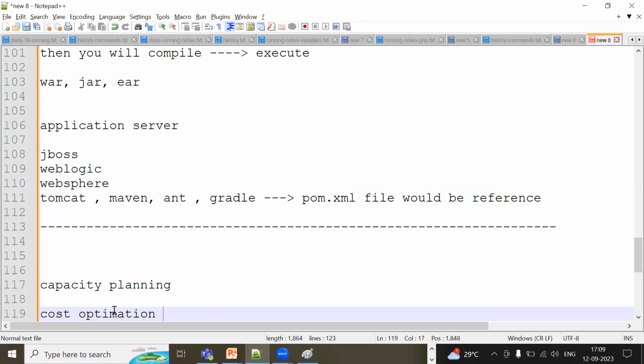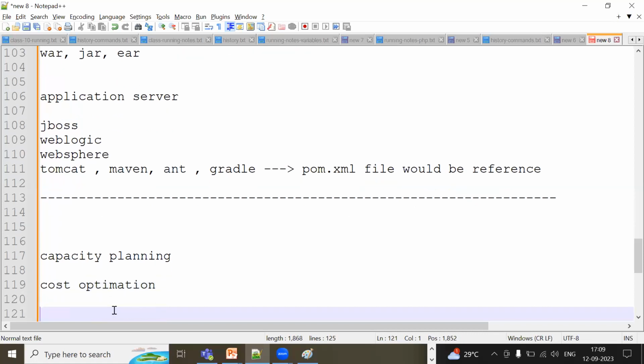We can provision a new server in one of the environments, not move it to live, and give the hits using LoadRunner or some other tools, which the QA people will take care of. Then you will get an idea of the maximum TPS that the application is supporting. Then you can ask for the relevant, approximate requirements, and you will provision.